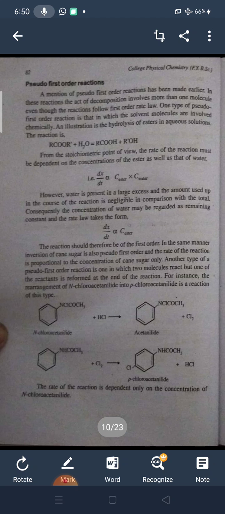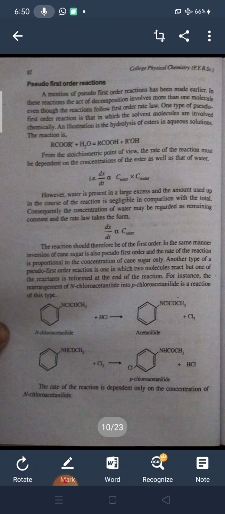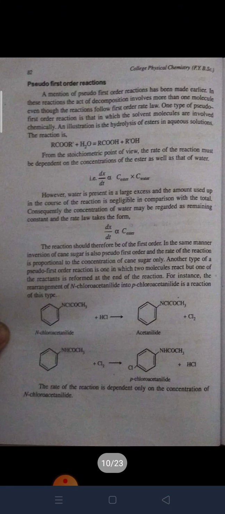N-chloroacetanilide, NClCOCH3, on acidification will first of all give acetanilide along with chlorine being eliminated, and that acetanilide again reacts with the chlorine and gives you para-chloroacetanilide.